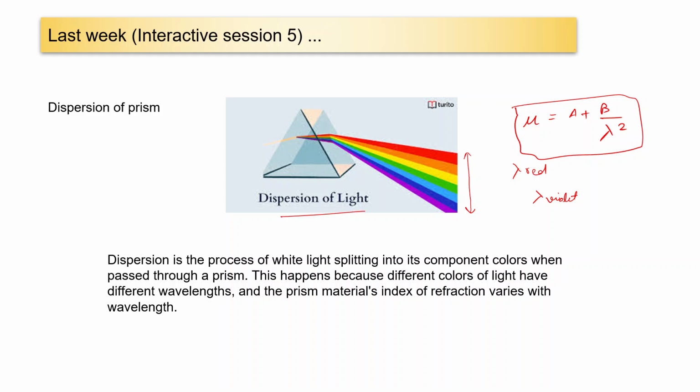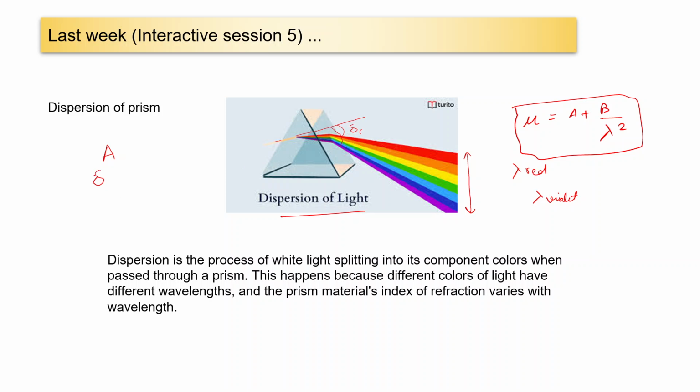We had also derived and understood the angle of the prism, then the dispersion angle: if there is no prism, the incident light will go straight, but if there is a prism, there is this angle of deviation, different for different wavelengths. Of course, this is for red light, and for violet light it is more.